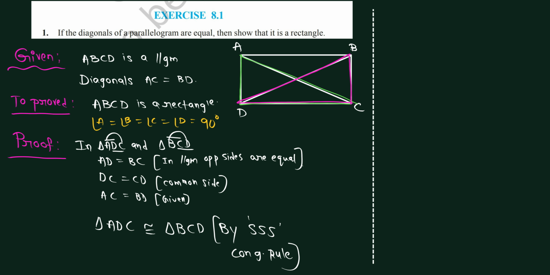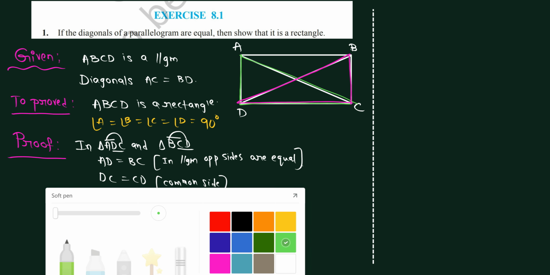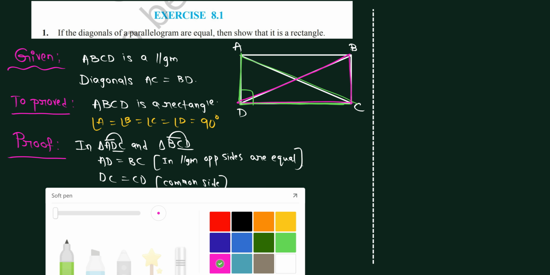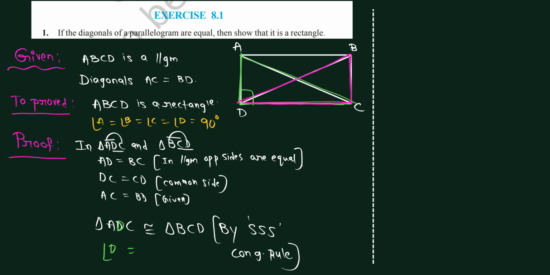Okay, so now what do you have to do here? In the congruent triangles, only observe the green color lines. In green, you see this angle. What is the angle? Angle ADC, or can I say angle D? In the pink triangle, you see here the angle BCD.